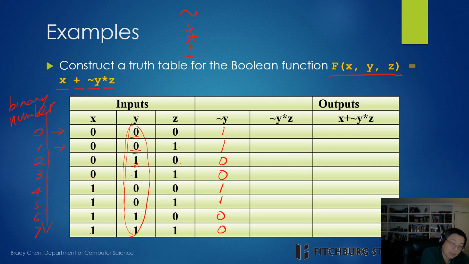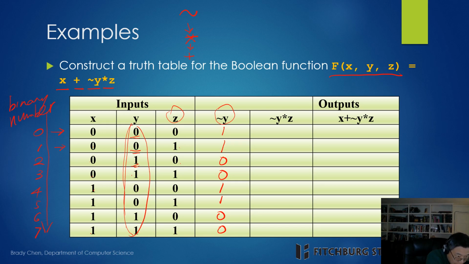And then the next operator we're going to work on is the AND. So it's not y and z. Now we have not y here, and z is here. So we perform the AND operation between not y and z.